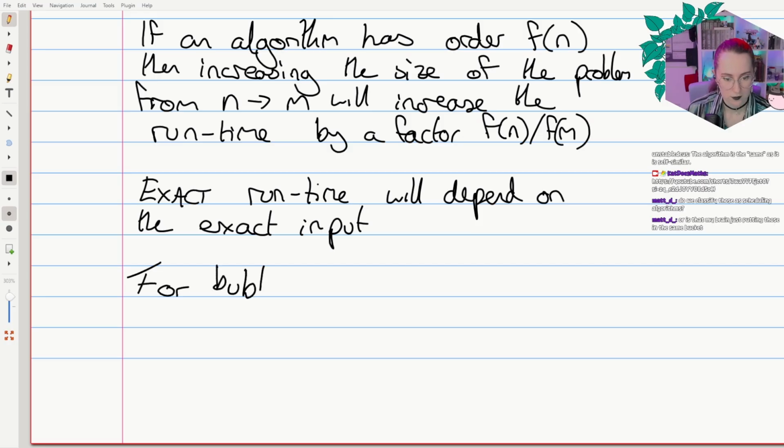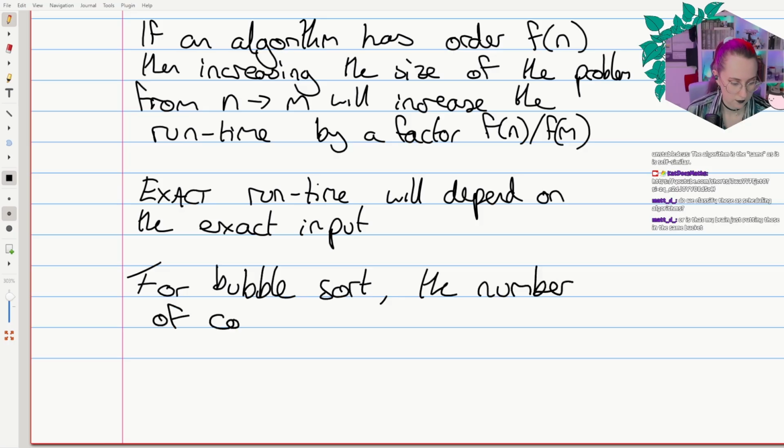So for bubble sort, the number of comparisons is approximately, is this the maximum number or the average number?